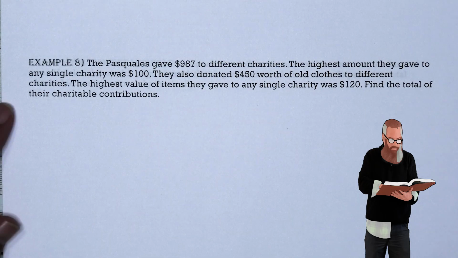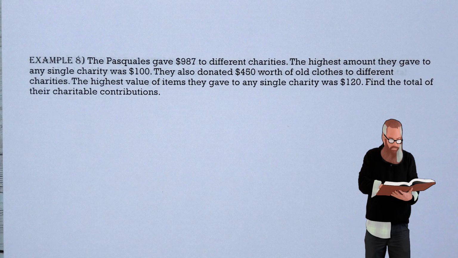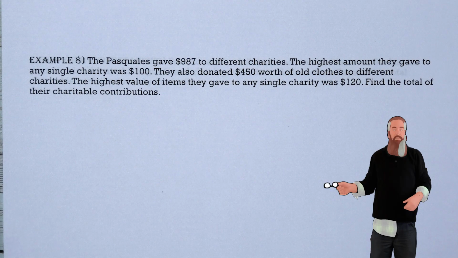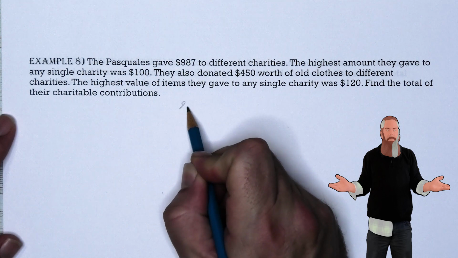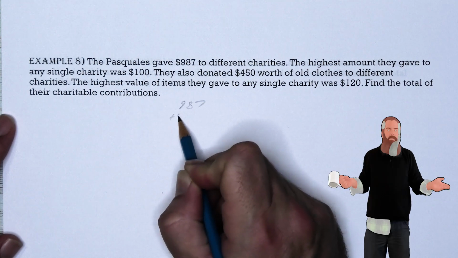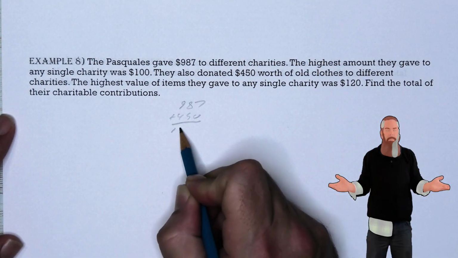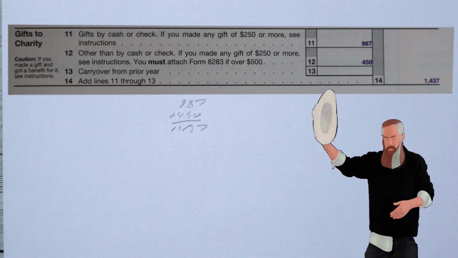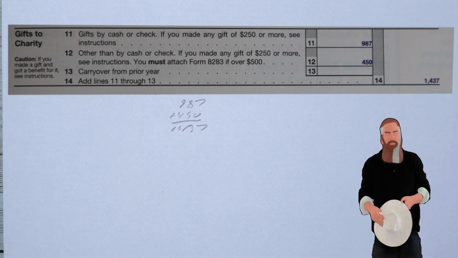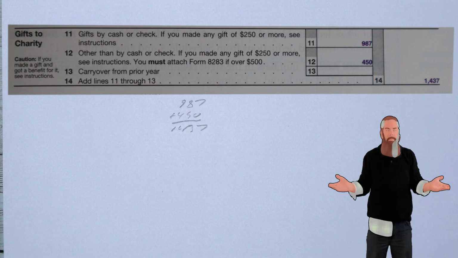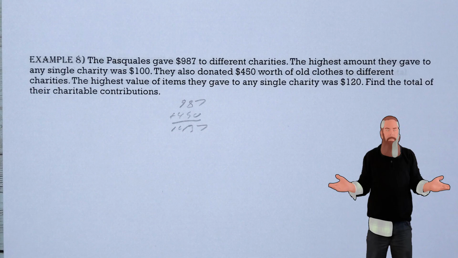Monetary donations are entered into line 11, and used clothing and furniture donations entered into line 12. Add the two different types of donations so that we have 987 plus 450 to get $1,437. The total of their charitable contributions is $1,437. This is entered into the gifts and charitable section of Schedule A on two different lines as shown.